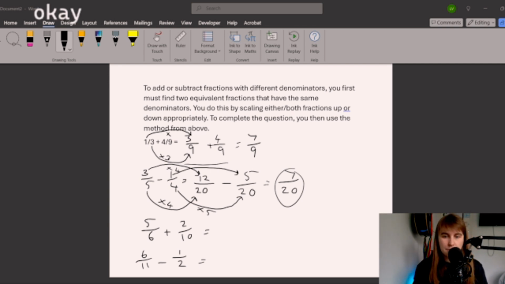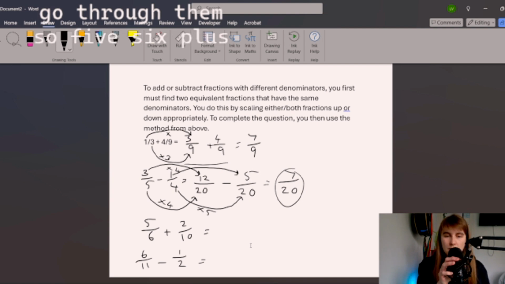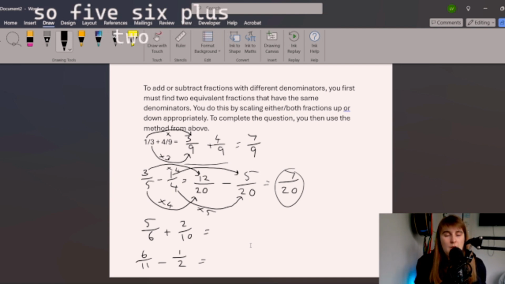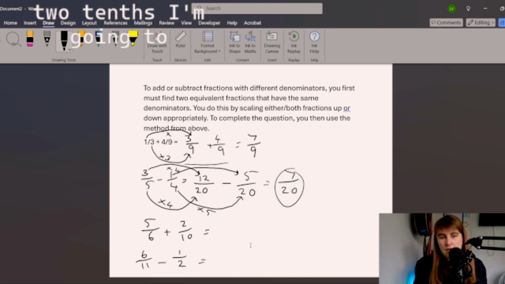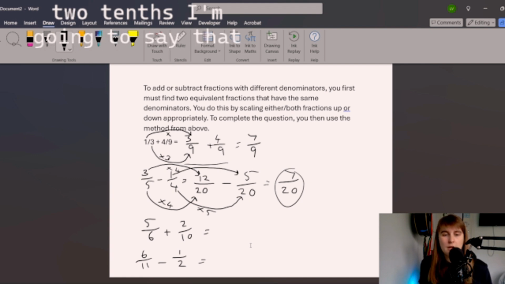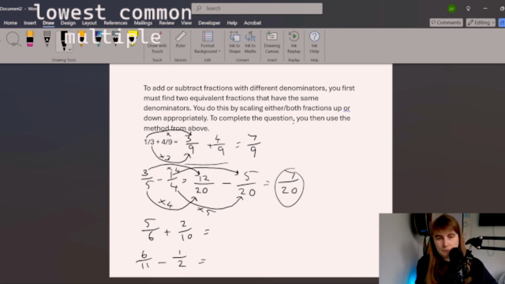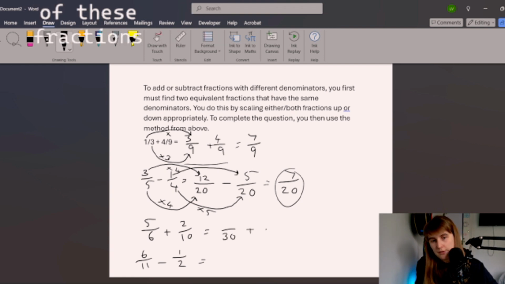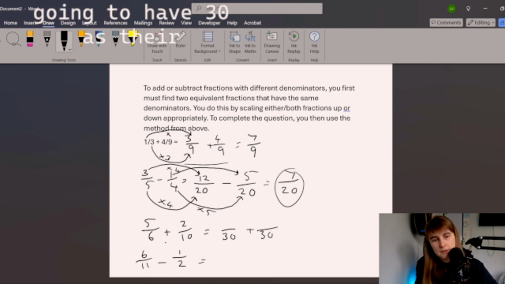Okay, right, let's go through them. So, 5/6 plus 2/10. I'm going to say that 30 is the lowest common multiple. So both of these fractions are going to have 30 as their denominator.